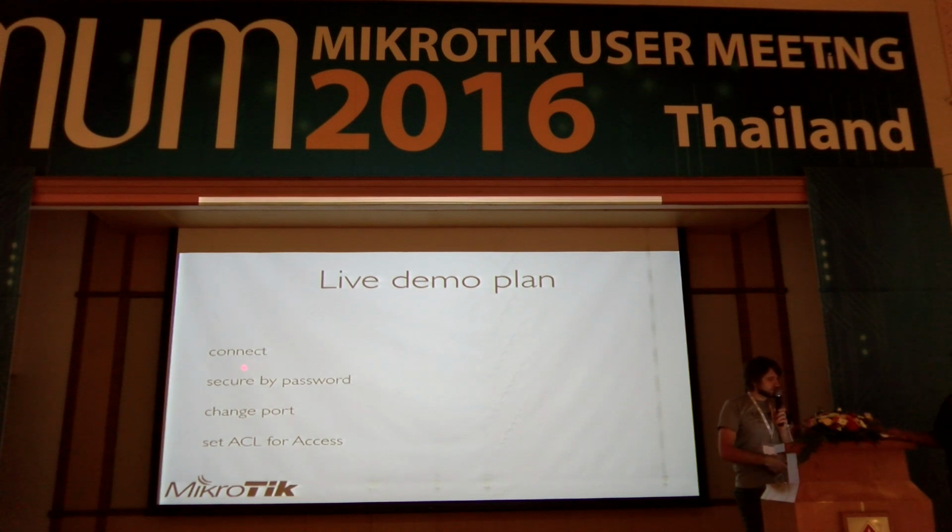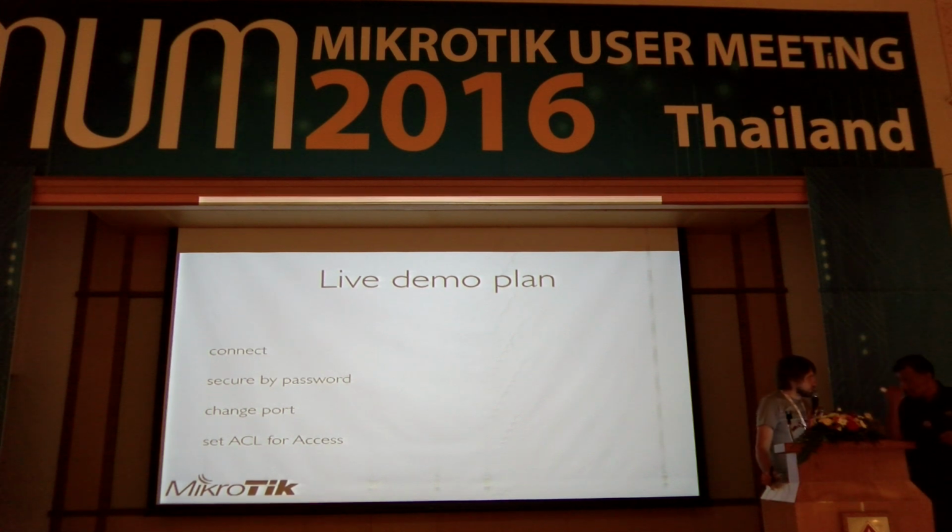Connect, then secure password, then change port. When you install the Dude server on a cloud-hosted router, you have an image which you use to install it, and usually the image is like 100 megabytes.